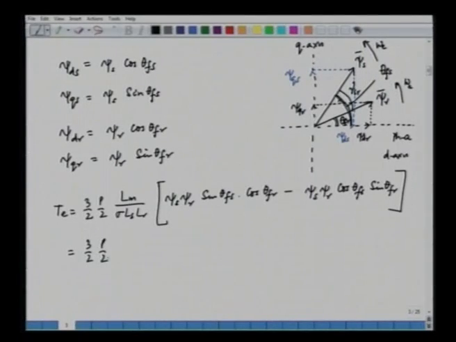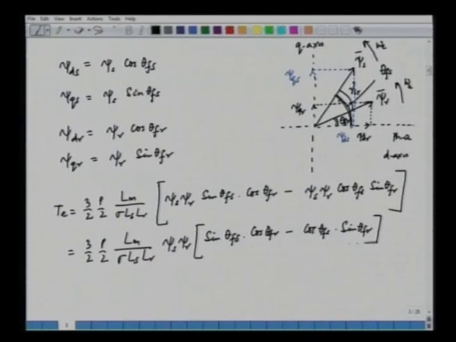So, if you take psi s psi r common here, that is equal to 3 by 2 P by 2 Lm by sigma Ls Lr, times psi s psi r, and we have sine theta fs into cos theta fr minus cos theta fs into sine theta fr.